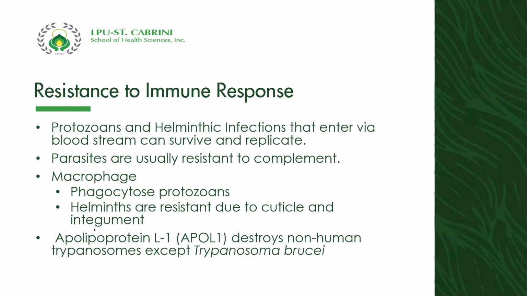They are immune. Macrophages can phagocytose protozoa, but the cuticle of the helminths makes them resistant to the macrophage. Therefore, the effects of both neutrophils and macrophages are not effective.